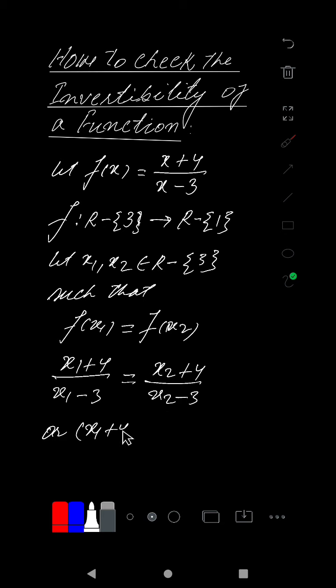Cross multiplying, x1 plus 4 is multiplied by x2 minus 3. If we transpose this term, it will multiply x1 plus 4. And if we transpose x1 minus 3 to the right hand side, it will multiply x2 plus 4. So that is equal to x1 minus 3 multiplied by x2 plus 4.